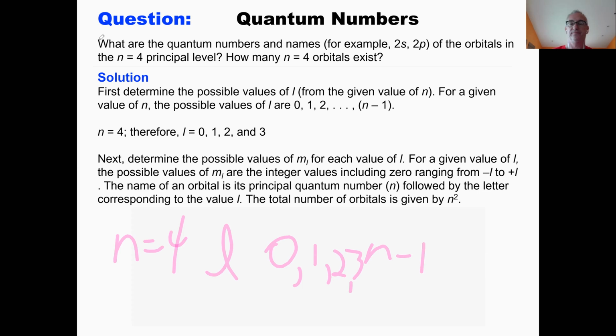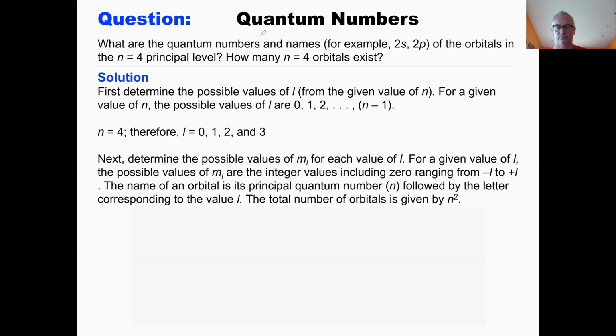So what are they? How many electrons can you put in each one? What are our possible m sub L values? First of all, what are the subshells possible in this one?